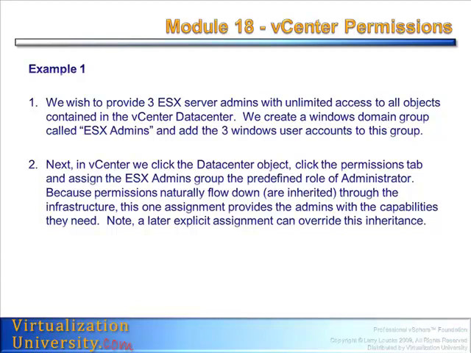This is sometimes referred to as inheritance. So in vCenter, we click the data center object, the top level object, click the Permissions tab, and assign the ESX admins group to the predefined role of administrator. Because the permissions flow down or are inherited through the infrastructure, this one assignment provides those 3 admins with all the capabilities they need.